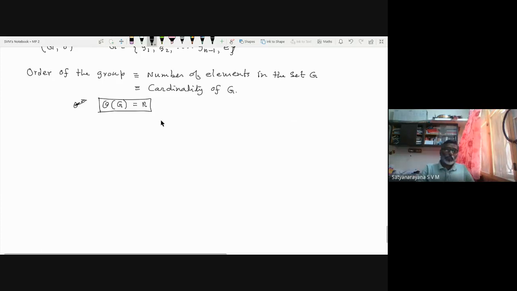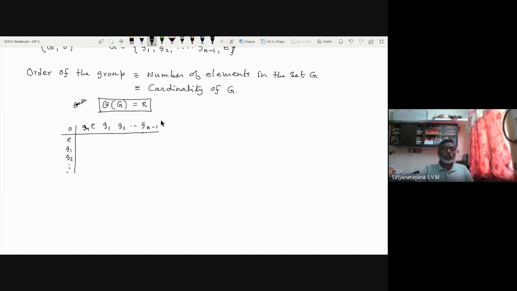Now in the group multiplication table, we write the operation here, and then we write E, G1, G2, etc., Gn minus 1 along the row, and E, G1, G2, etc., Gn minus 1 along the column. Now you compose E with this.